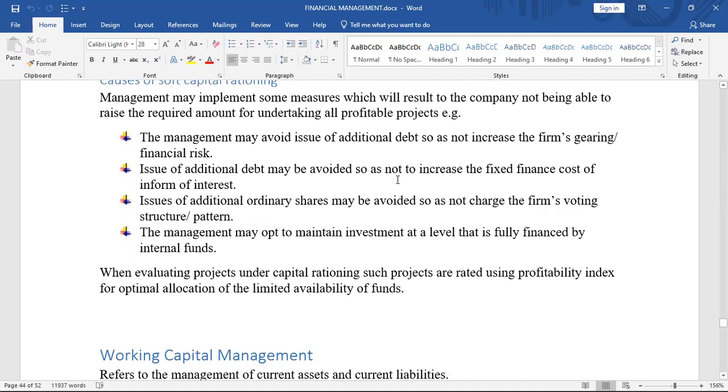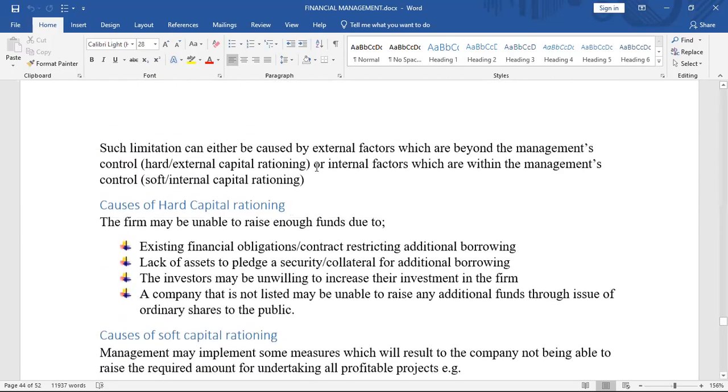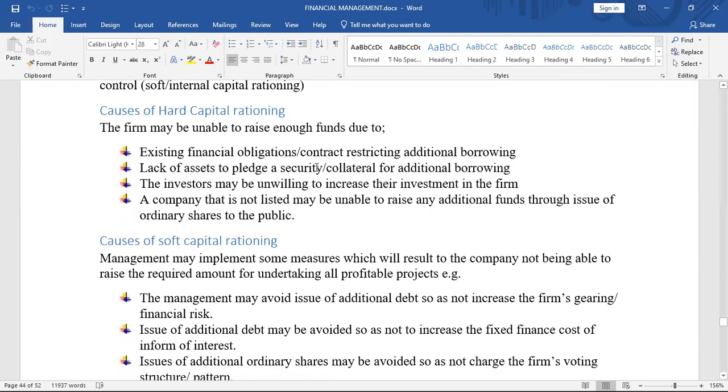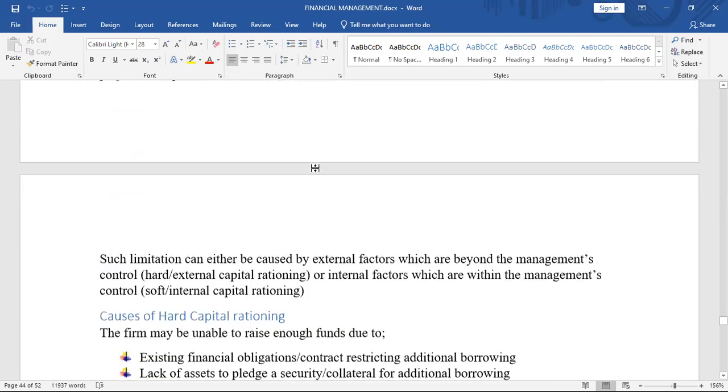The issue of additional debt may also be avoided so as not to increase the fixed finance cost in the form of interest. These are things you can read and understand. But we just need to know that soft capital rationing are things which the management can work out and eliminate. But the external ones are beyond the management's control.